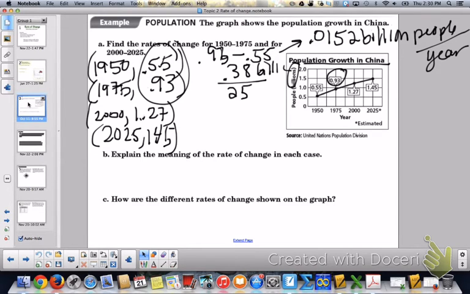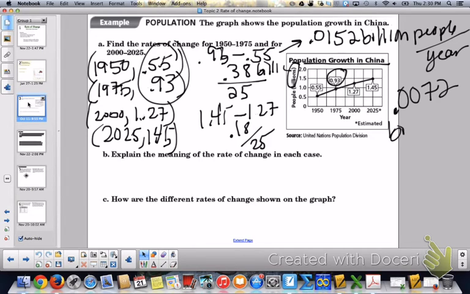So that rate of change, well, if we look at how much did it change, 1.45 minus 1.27, that is 0.18 over a span of 25 years. So when you divide that out, you get 0.0072 billion people per year. Okay, explain the meaning of the rate of change in each case.